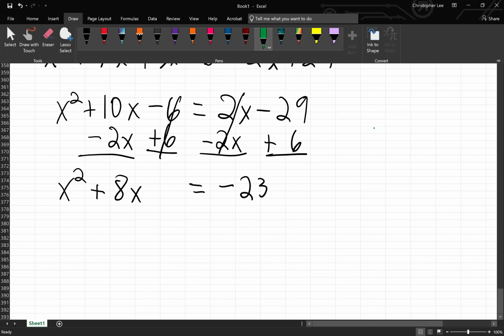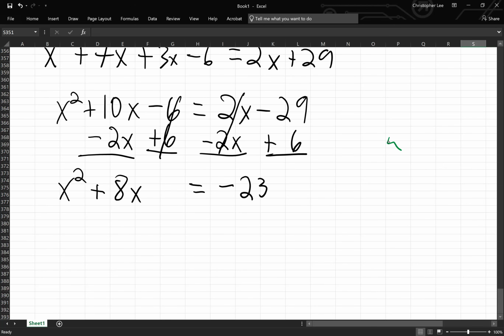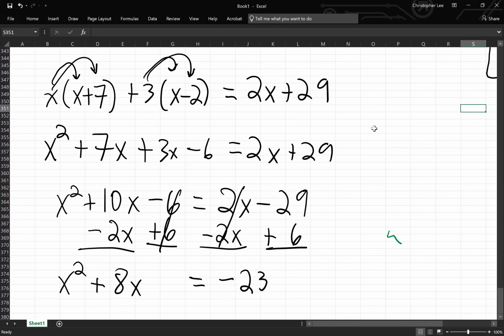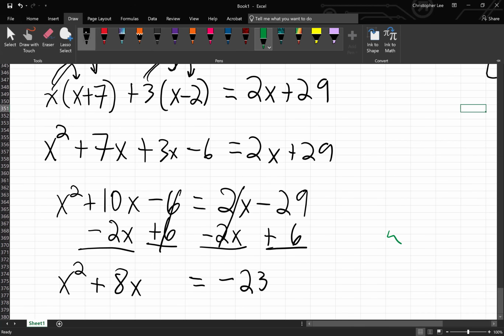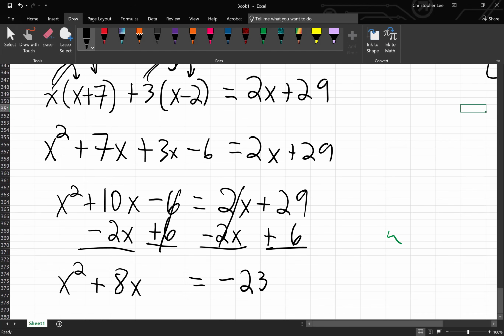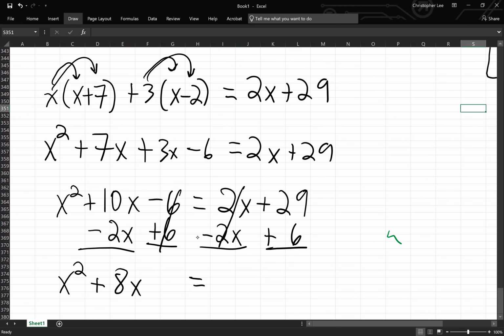See, negative, positive, and now it's negative. Oh, good eye. So that's actually 35. Very good. That was my mistake. I copied it wrong.